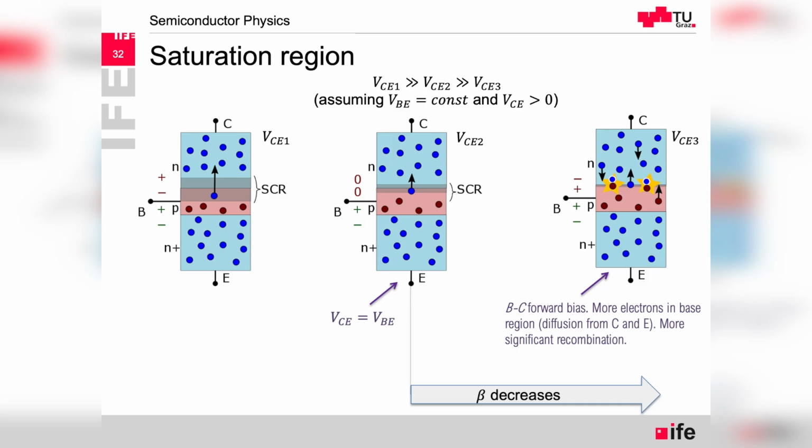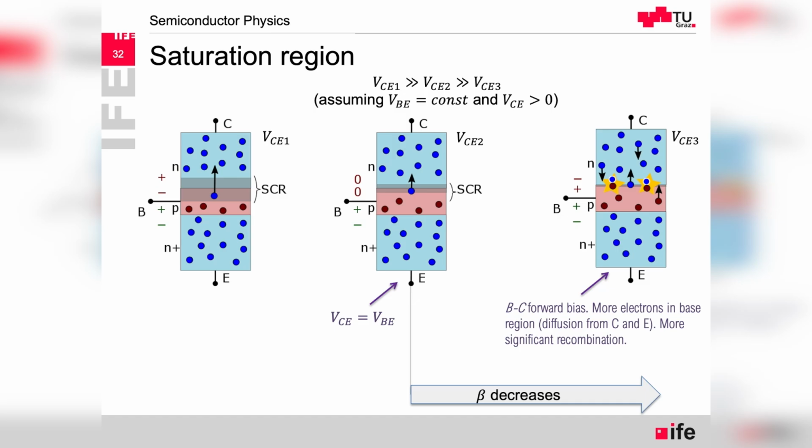And because of that, the charge carriers that were supposed to be accelerated into the collector, those electrons crossing towards the edge of the base-collector junction, we would like them to go into the collector region.